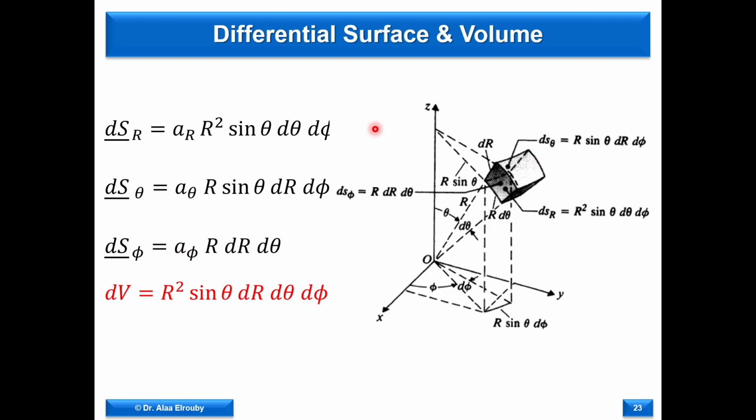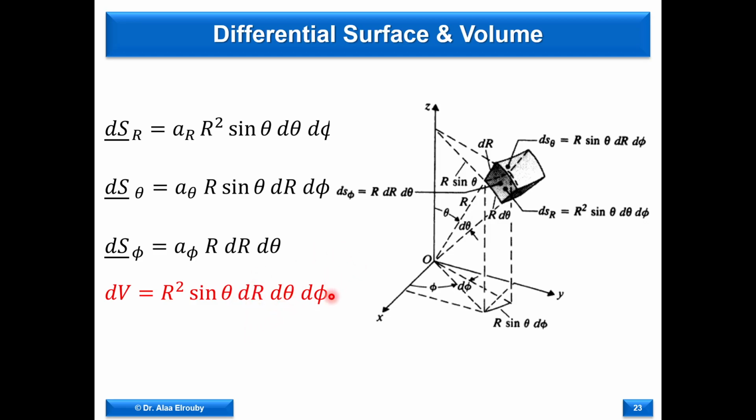So those are the expressions of the three differential surfaces with their directions, and the d volume would be the multiplication of the three edge lengths, which is r d theta multiplied by r sine theta d phi multiplied by dr. So r squared sine theta dr d theta d phi.